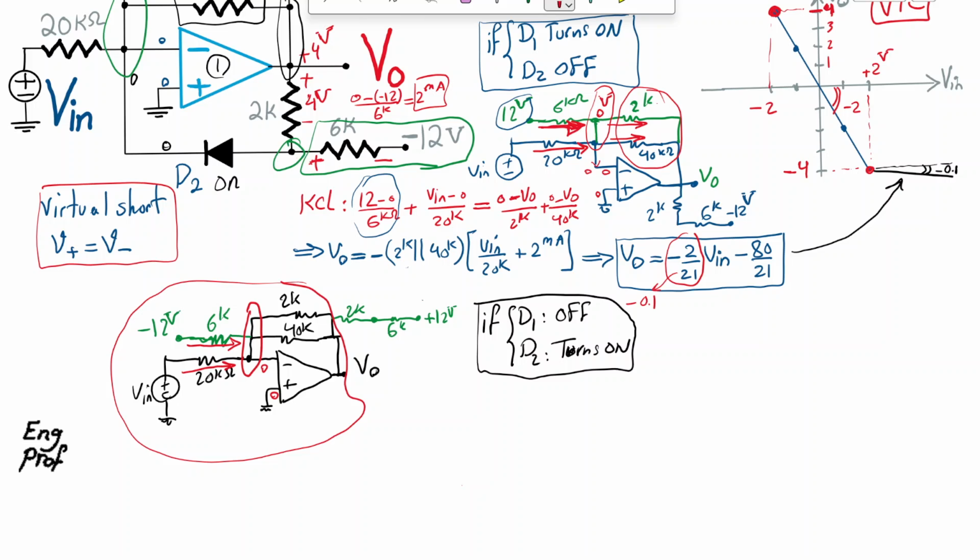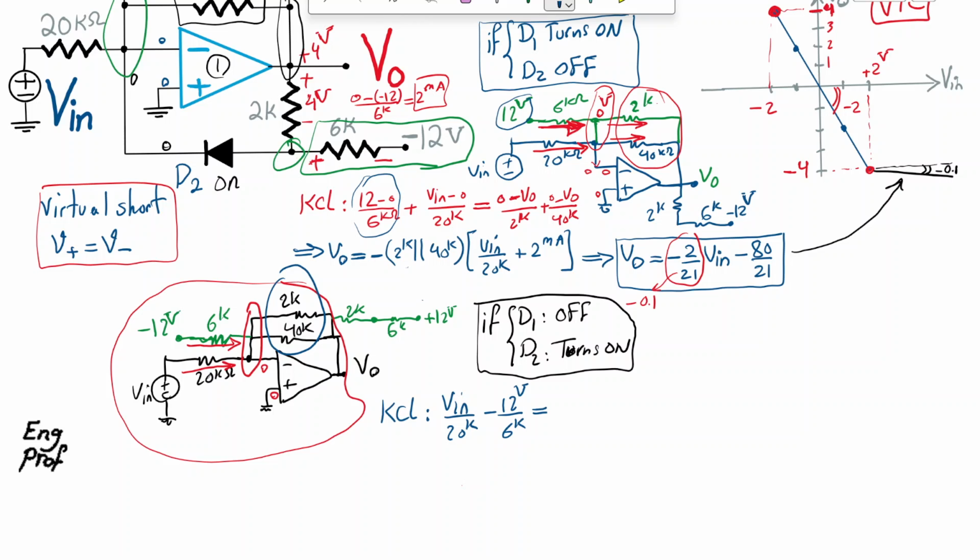So again, the same as before, KCL requires that the sum of incoming currents through the 6K and 20K should be equal to the sum of the outgoing currents, that is, the currents going through the 40K and 2K. We can assume that the 2K and 40K are in parallel with each other as feedback resistors. So if we write KCL, Kirchhoff's current law, the law of conservation of current, it simply becomes Vn divided by 20K, the current through the 20K, given that on one side of it we have 0 volt, and then we have -12 volt, the other supply, divided by 6K.